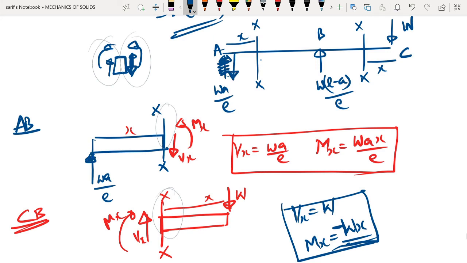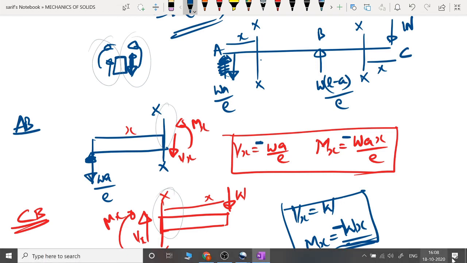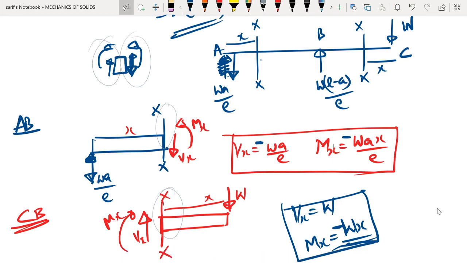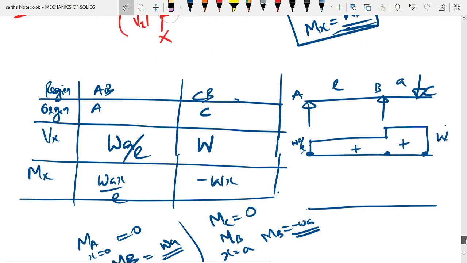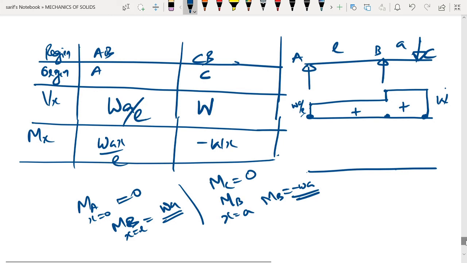So that is the mistake. This is in the downward direction, and therefore we will have a negative sign coming here, as well as a negative sign here.